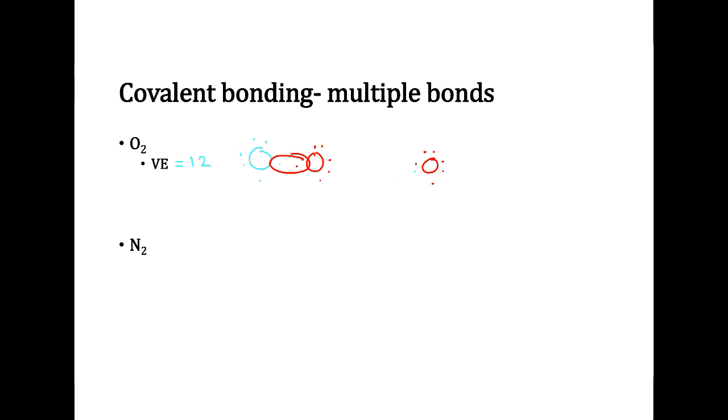So in order for both of these oxygens to obey the octet rule, they're actually going to have to share 2 sets of electrons. So what we'll end up getting is something that looks like this.